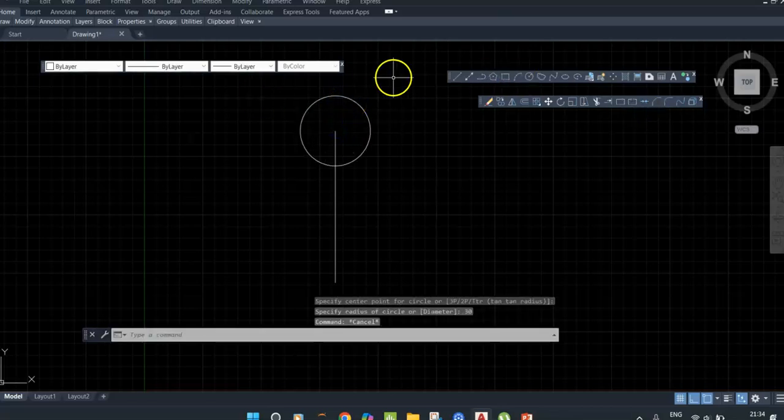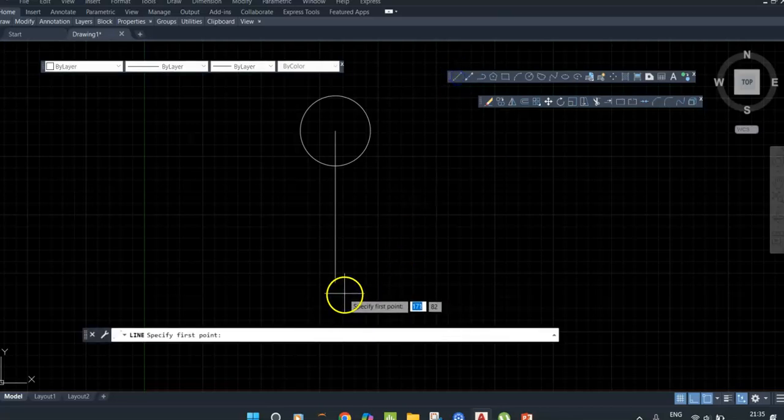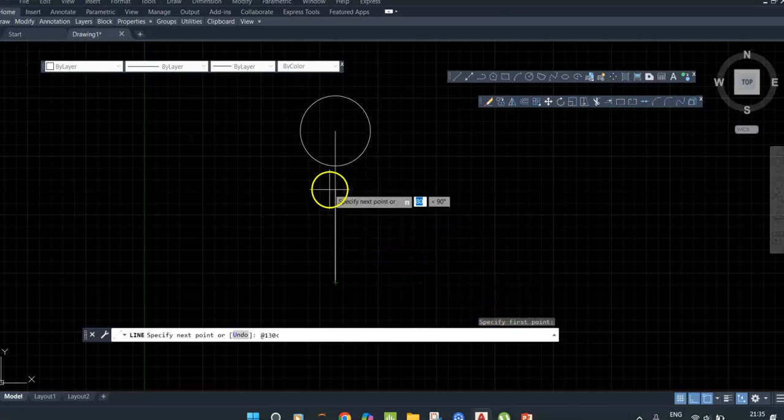Now, using the line command, this is my starting point. Use the command length, 130 less than the included angle, from here to here 108 degrees. 108 degrees means the total included angle.